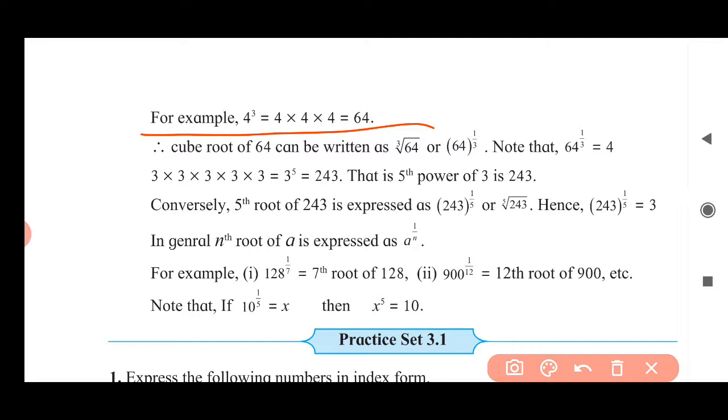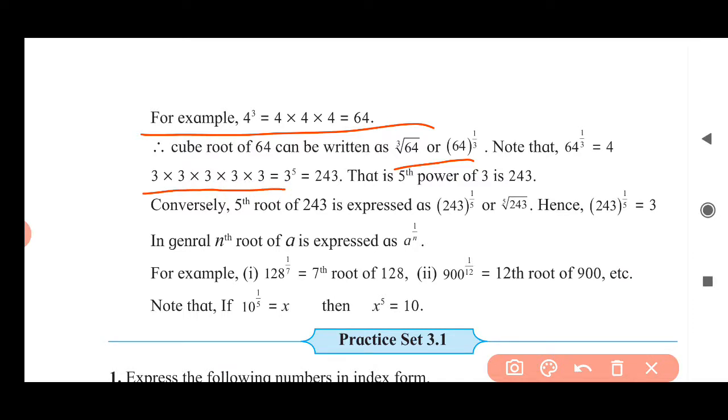Cube root of the 64 can be written as, कसं लिहिला गेला आहे बघा, स्क्वेअर रूटचा सिम्बॉल आहे, त्याच्यात क्यूब रूटचा सिम्बॉल आहे, त्याच्यात 3 आणि 64 नंबर लिहिला आहे, and 64 raised to 1 upon 3 as in a rational number form. Okay, note that 64 raised to 1 upon 3 is equal to 4 as written here.